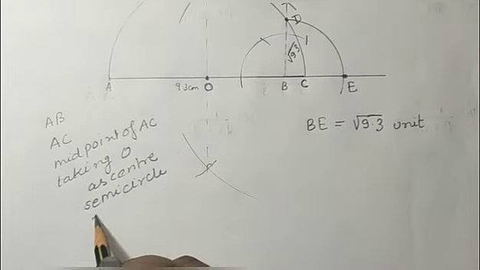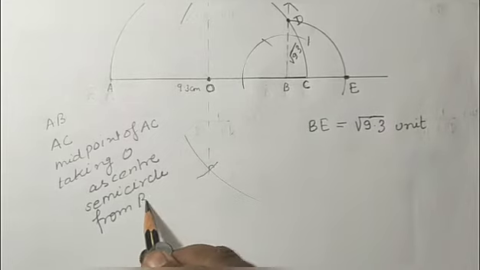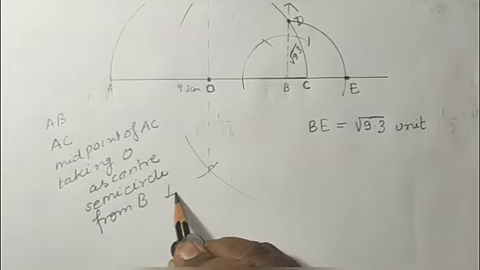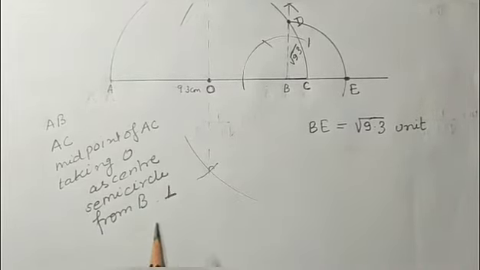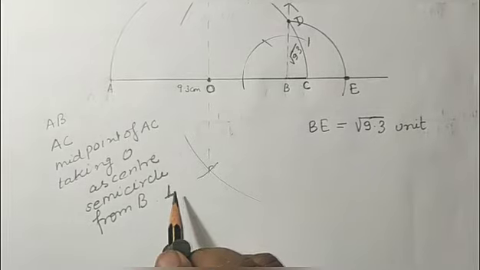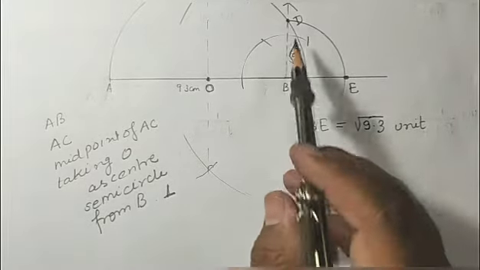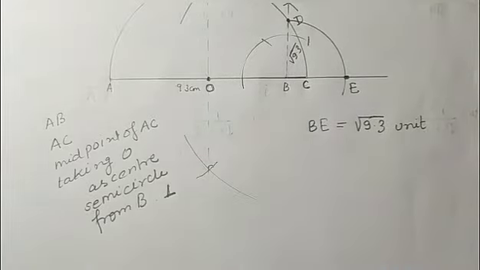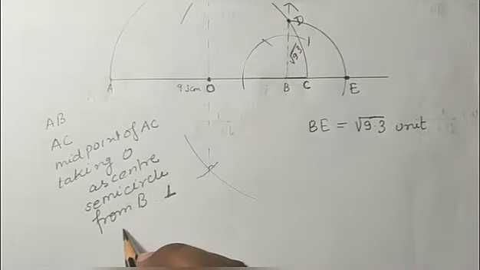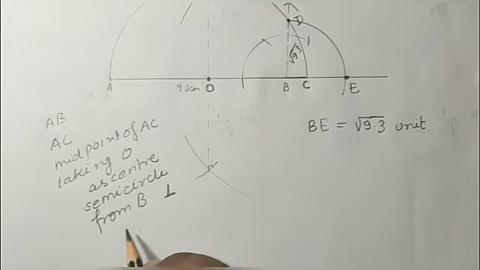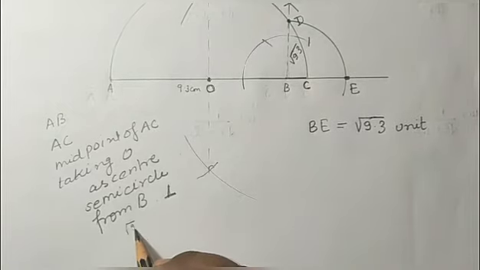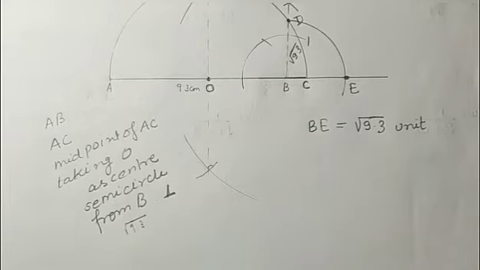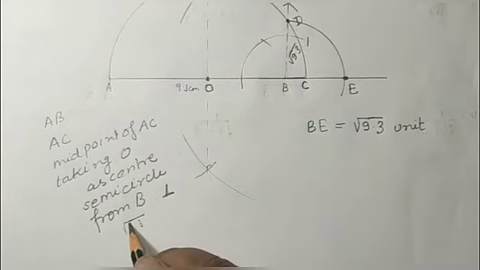After that, from B draw a perpendicular. The point where this perpendicular cuts the semicircle, its distance from B is under root 9.3.